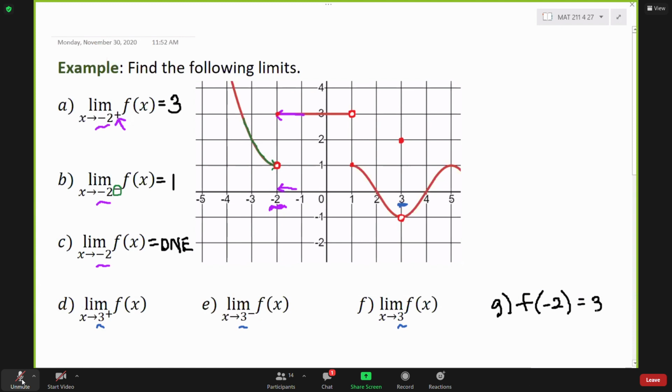So function value and limit can match, but they don't necessarily. We definitely can't count on it.